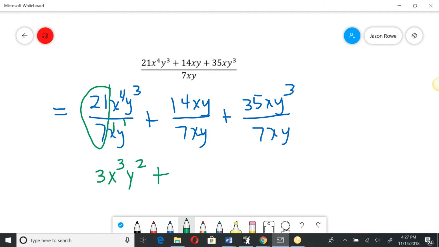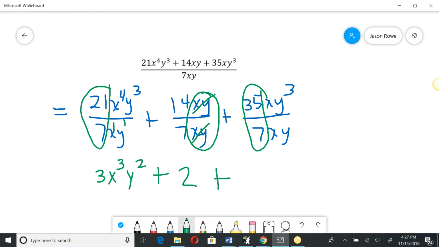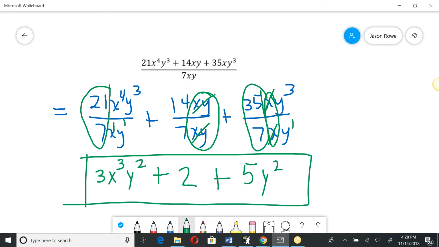Look at the second term. Look at that. Those are going to cancel each other out and just leave you with 14 divided by 7, which is 2. Look at these. 35 divided by 7, that's 5. Look at these, the x's. Those are going to cancel each other out because they're exactly the same. Then I have y cubed over y to the first, which will leave me with y squared. And there's actually a couple problems just like that one in the lesson, and that's really all you got to do.